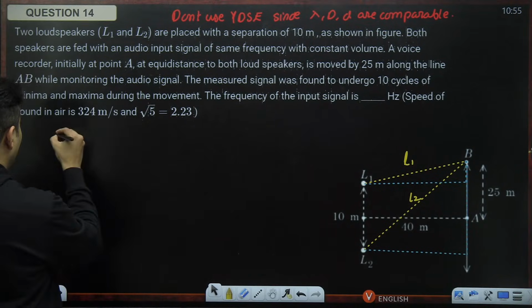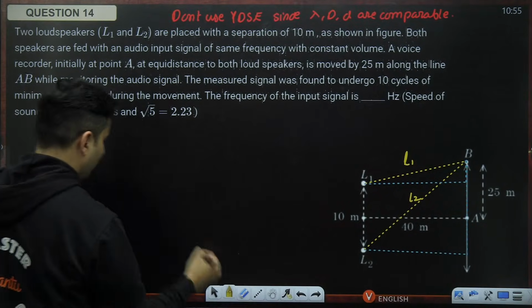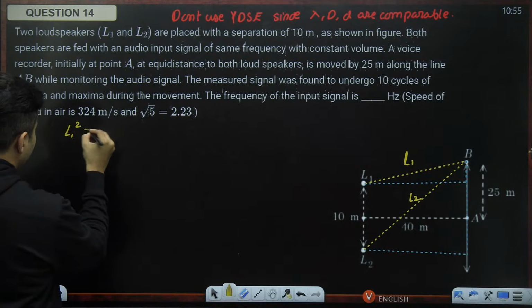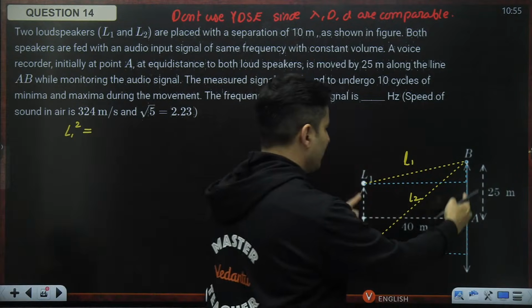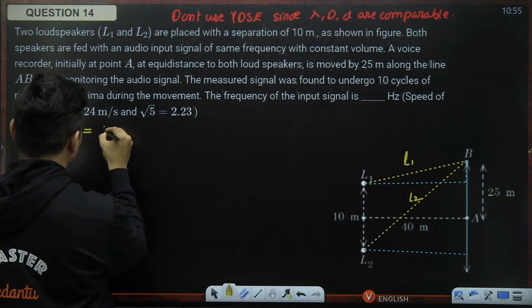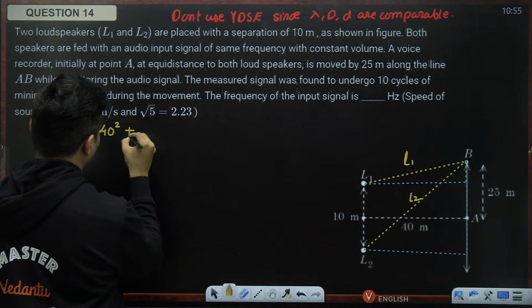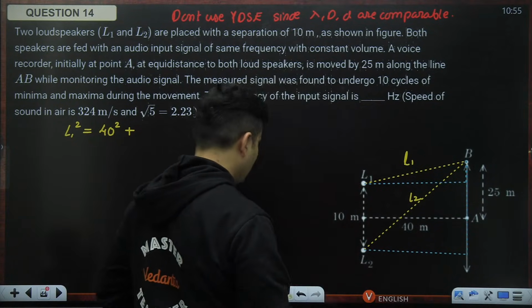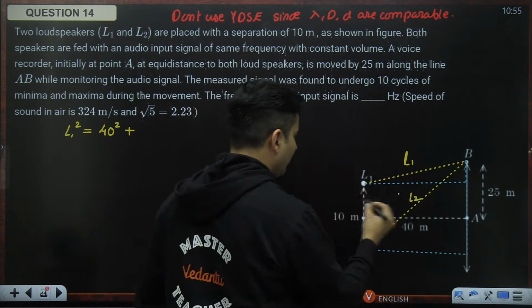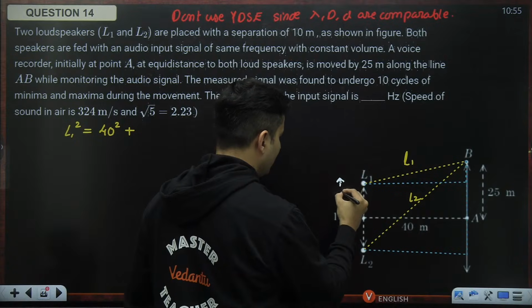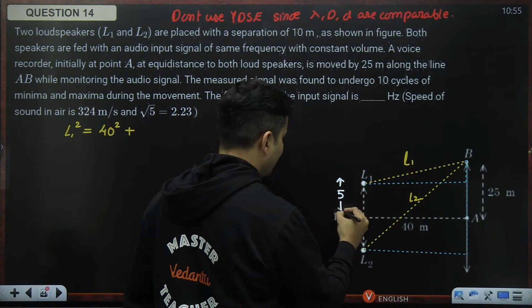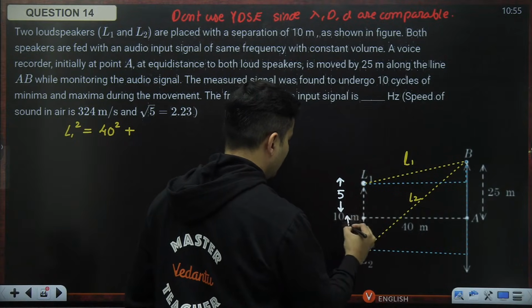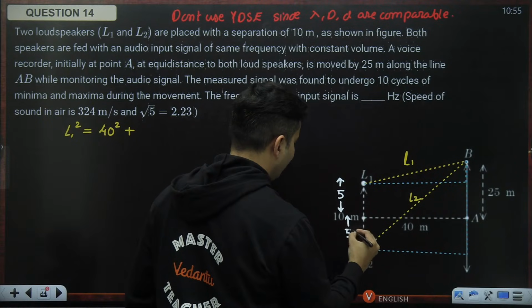So if you look at L1, L1 square will be this square, which is 40, so 40 square plus this much. Now see, this is 10, right? So if this is 10, it is natural that this much will be 5 and this much will also be 5.